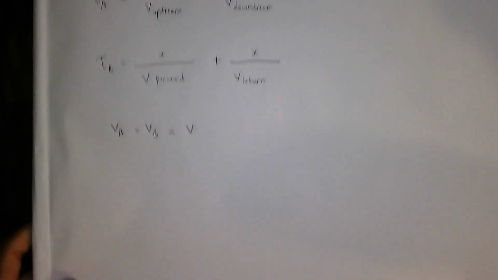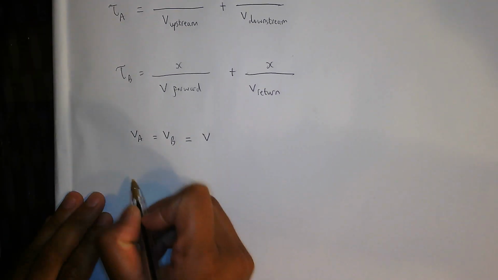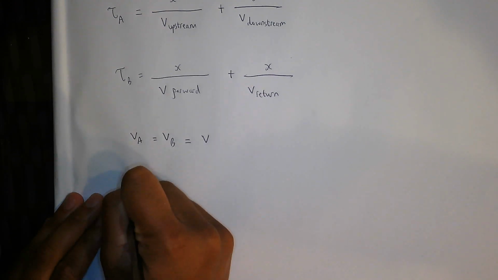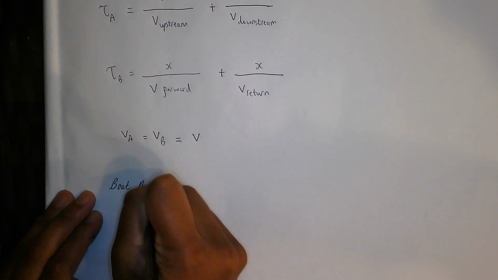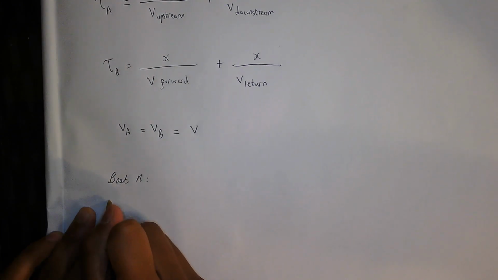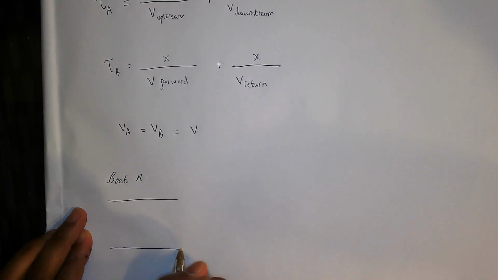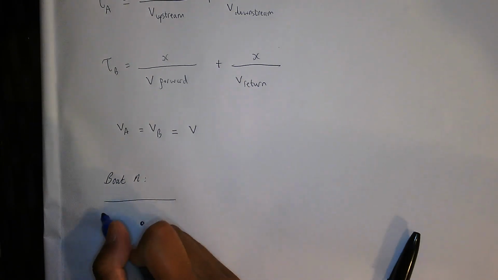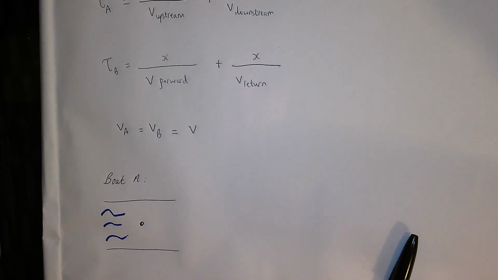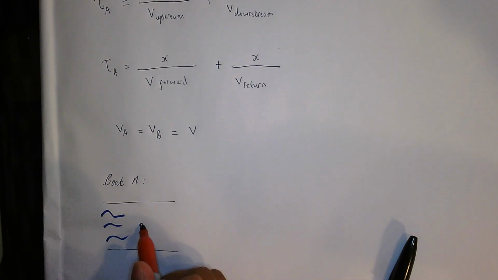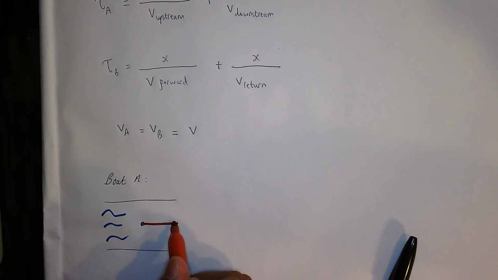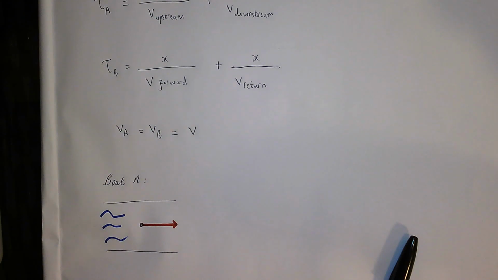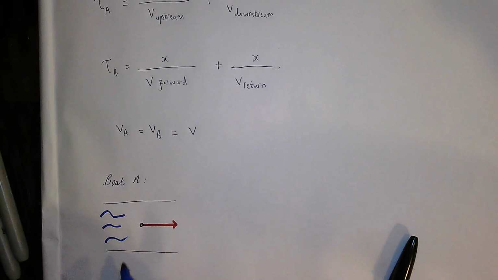Okay, so I am going to start off with boat A. So I'll draw the river again and the buoy. So we have the stream, and boat A is moving away from the buoy. So I'll say in this direction, and the stream is moving in the opposite direction.